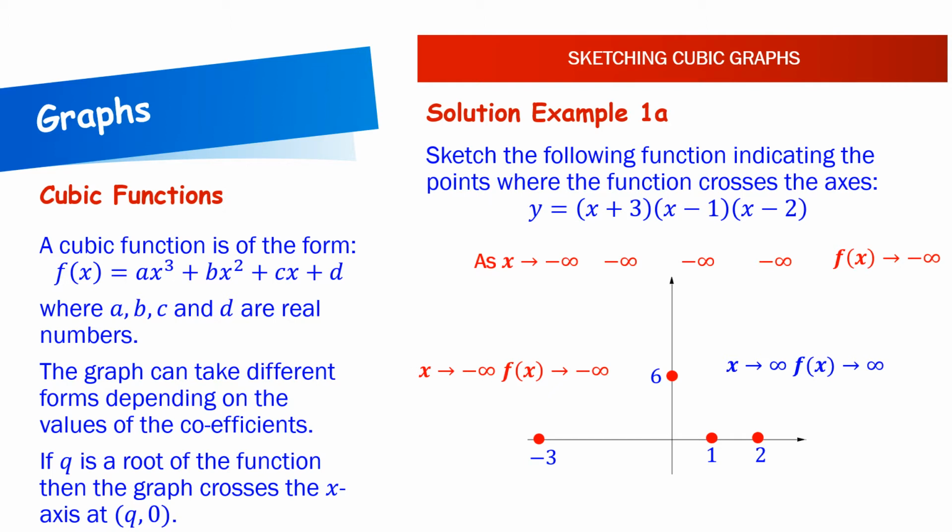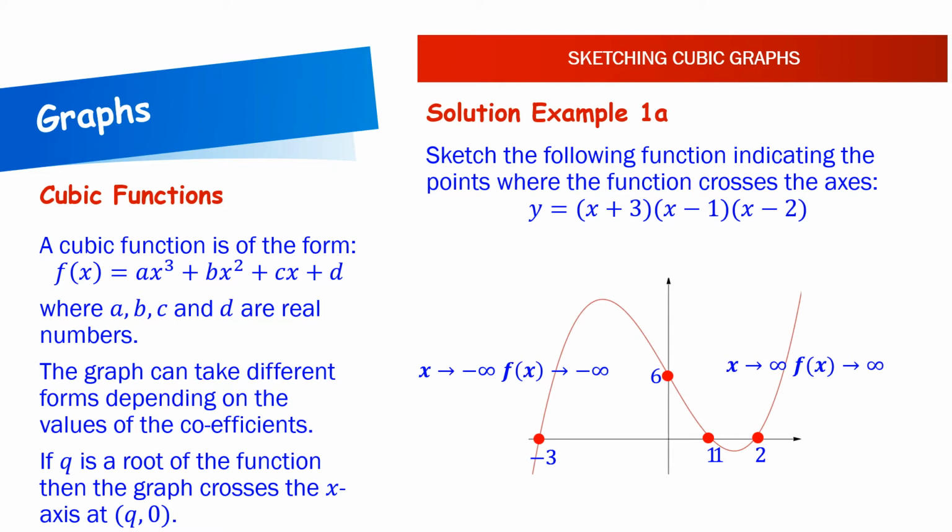So as x tends to minus infinity, f of x tends to minus infinity also. And so let's incorporate these facts into our graph. And once we've joined the points, incorporating the facts, the graph should look something like this.